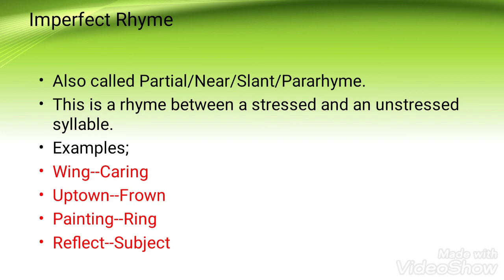Examples are wing and caring, uptown, frown, painting, ring, reflect, subject. So friends, I think it is enough, and you must have got the idea of the various types of rhyme which have been discussed here under the topic poetic devices.